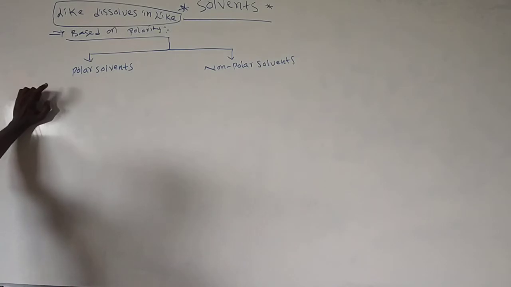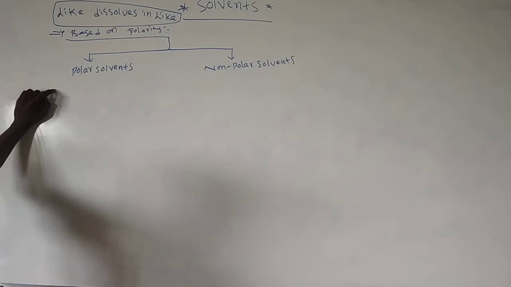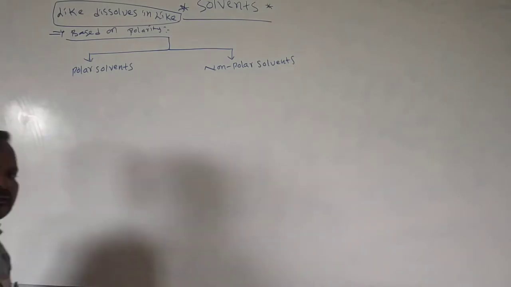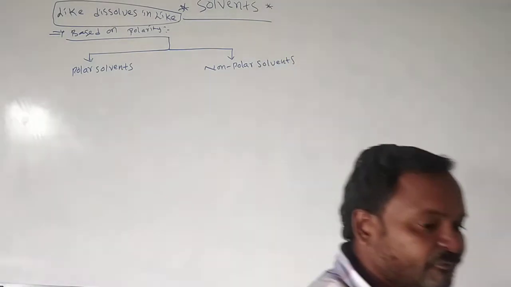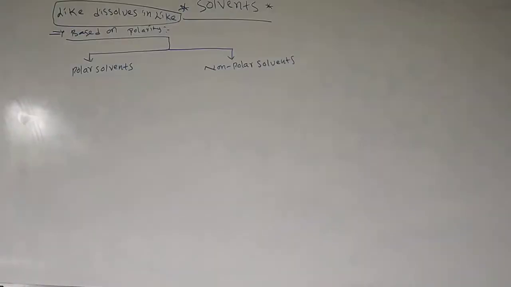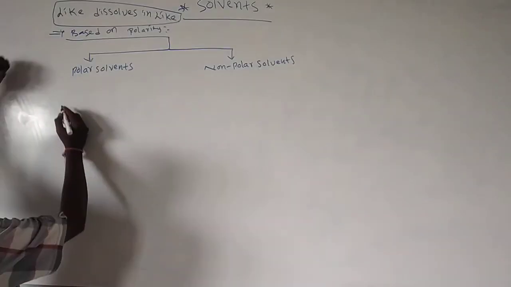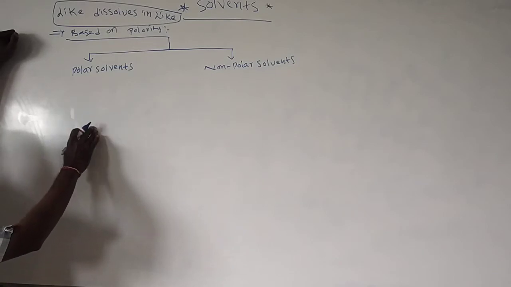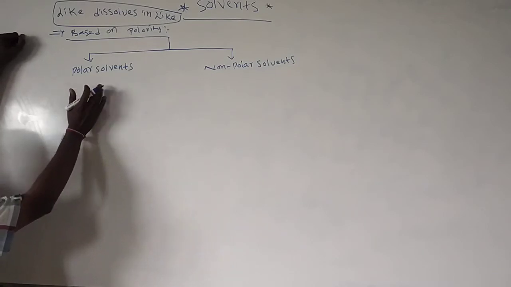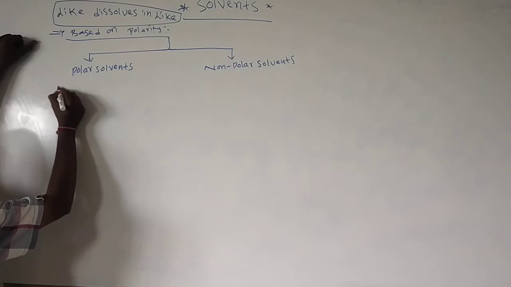What are polar solvents? The solvent which can easily dissociate into two oppositely charged poles we call a polar solvent. If an electronegativity difference is present between the atoms, we observe the polar nature. What are the examples?